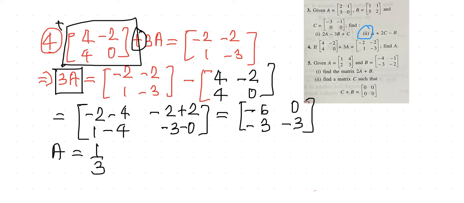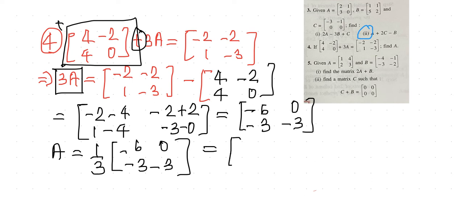So you will be writing 1 upon 3 times of minus 6 minus 3, 0 and minus 3. So now what you are doing, 1 upon 3 you are going to multiply with each and every term. So this becomes equal to minus 2, minus 1, 0 and minus 1. So this is your answer.